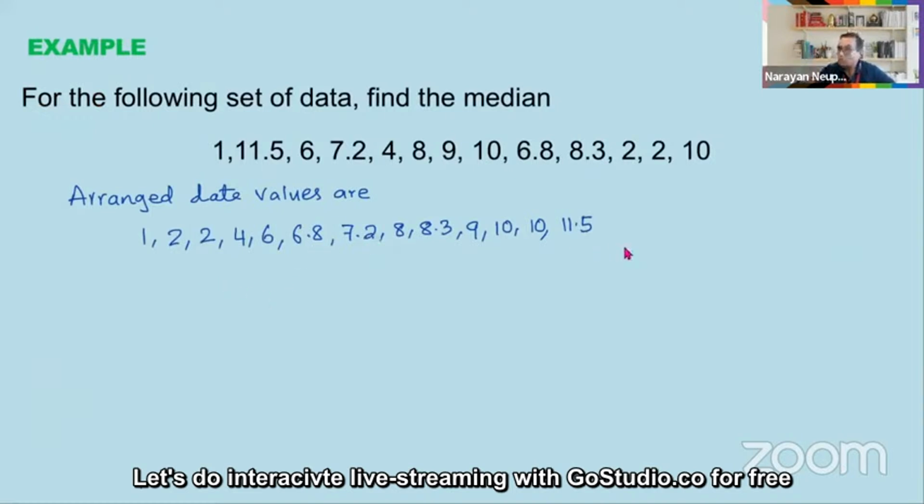So the first step to find the median is to arrange the data. Then check how many data values there are. For example, if you count, we have 1, 2, 3, 4, 5, 6, 7, 8, 9, 10, 11, 12, 13. So we have a total of 13 observations. But we want to divide it into 2 parts, right? And we want to see what goes in the middle. So when you divide 13 by 2, what will you get? 6.5, right?